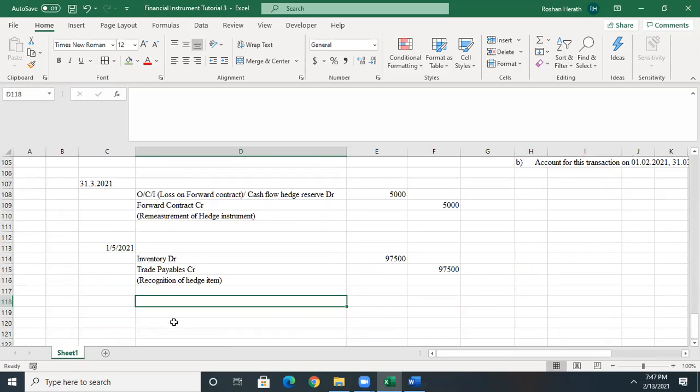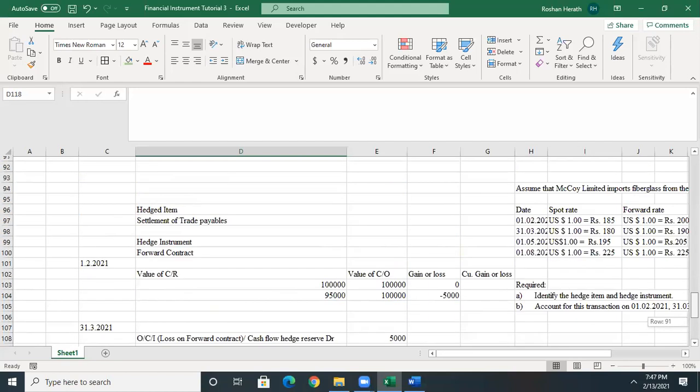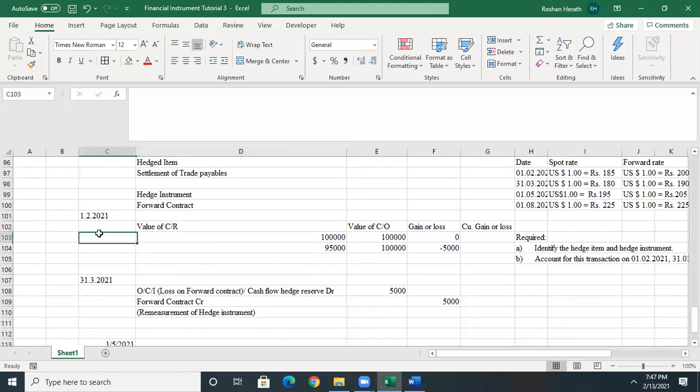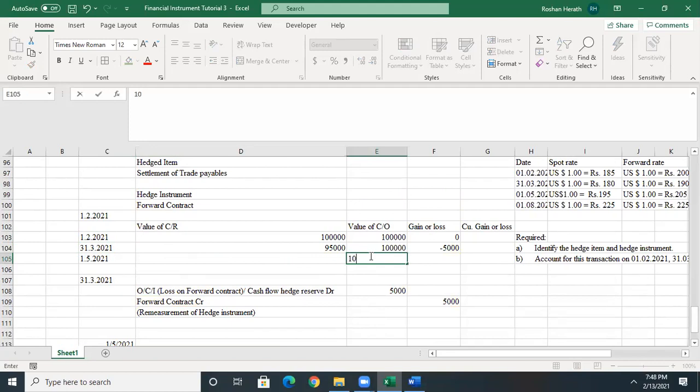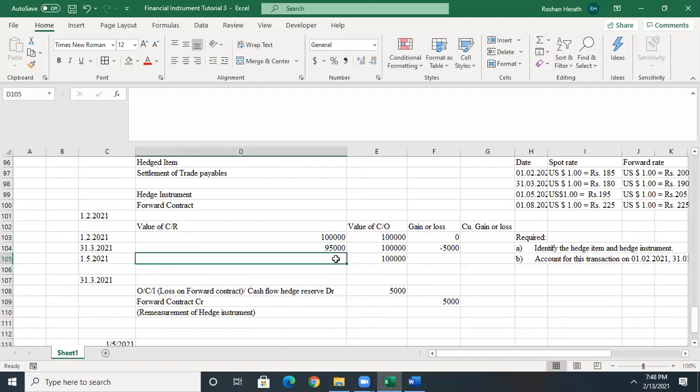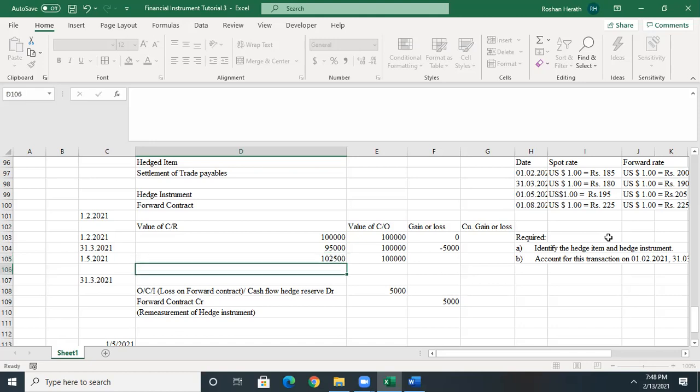Okay, we'll do that. So what about the date? This is on 1st of 2021. It's on 31st March 2021, and now you are in this date. You need to do that. Still the obligation would remain the same, but the contractual right, the forward rate at that date, it was 205 into 500.